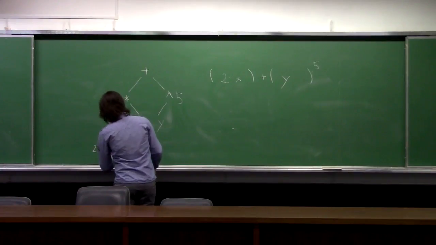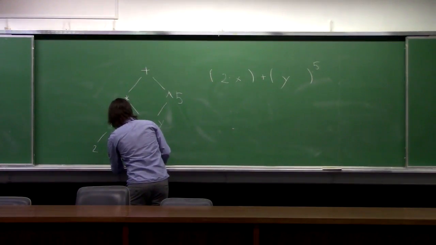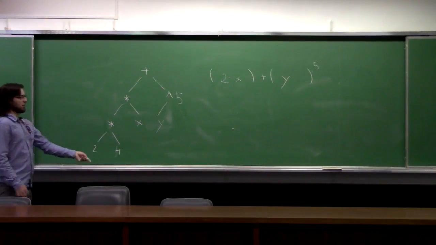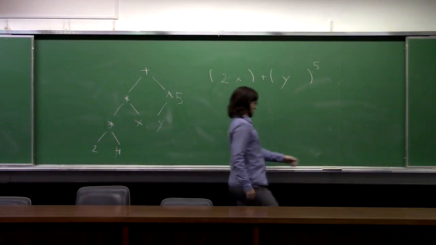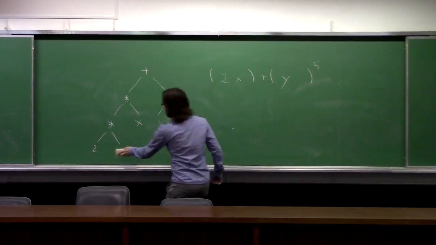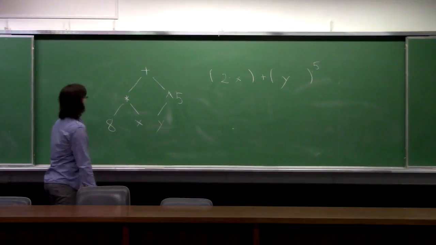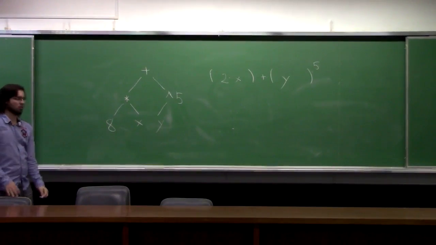For example, if here is 2 times 4, then we can replace this subtree just by a number 8, for example.